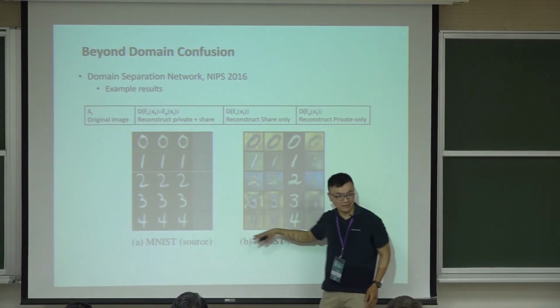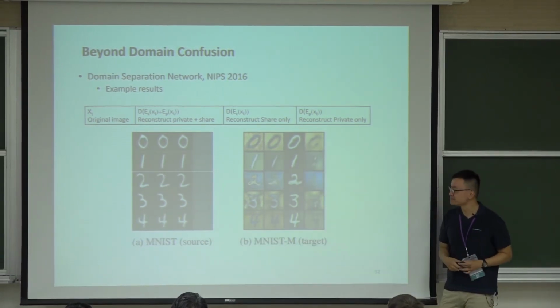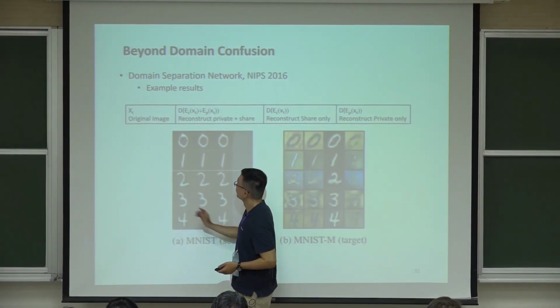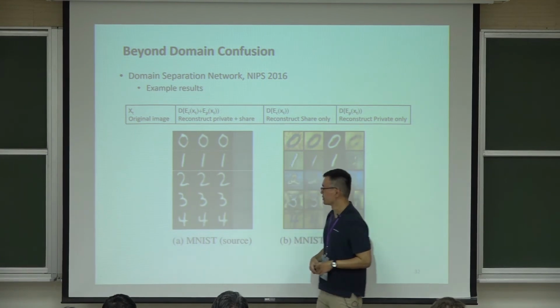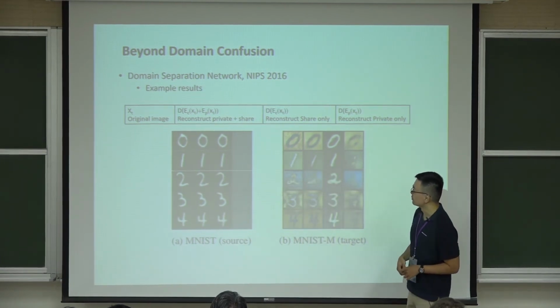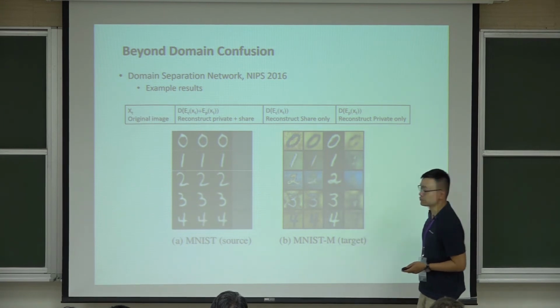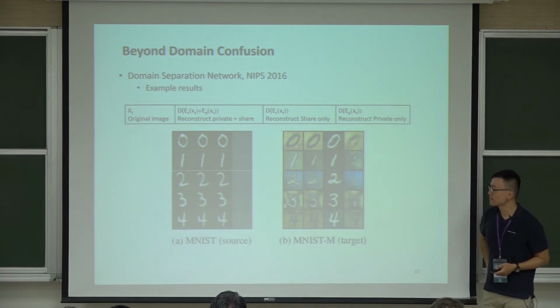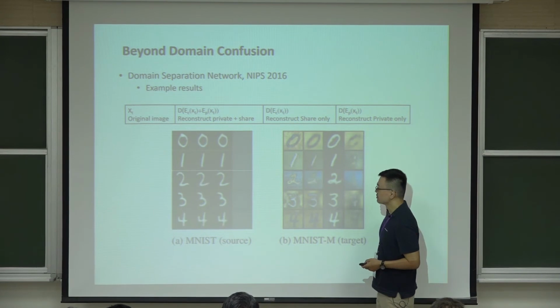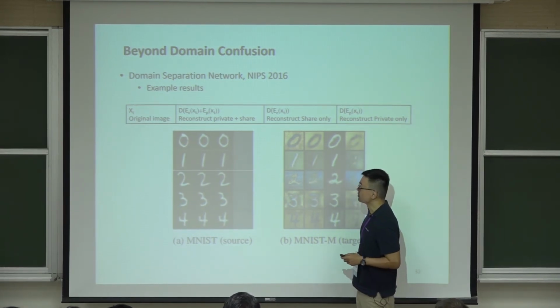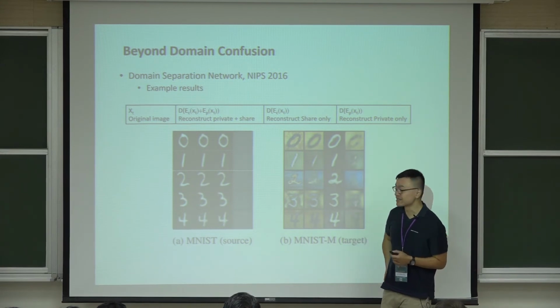But anyway, we have the source domain data and the target domain data. The first column is the original image. And the second column is the data reconstruction using both private and shared features. What does that mean?